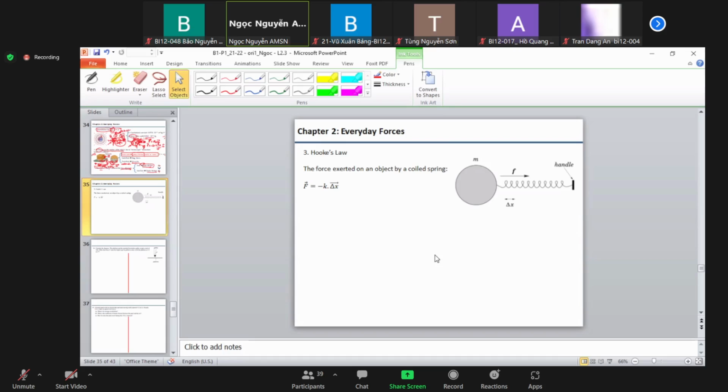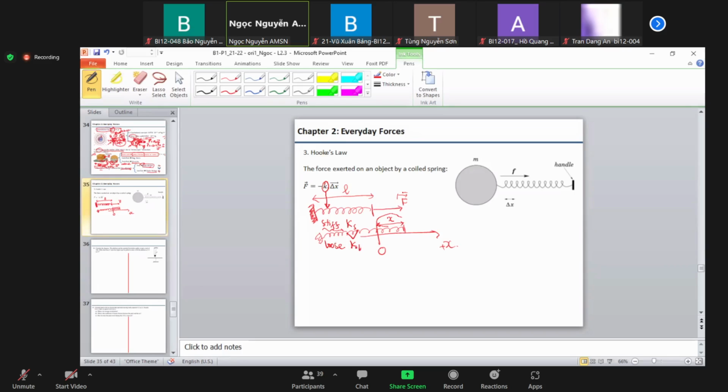It can be stiff and it can be loose. If it's stiff, k will be higher than in the case of the loose spring.